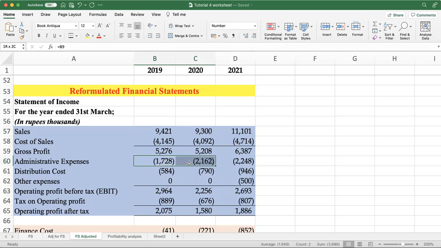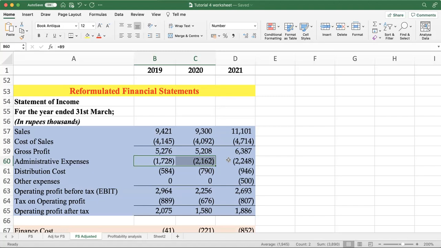And administrative expenses have increased. You see two values, 1728 in 2019, but in 2020, 2162. Now you have to study why it has increased.